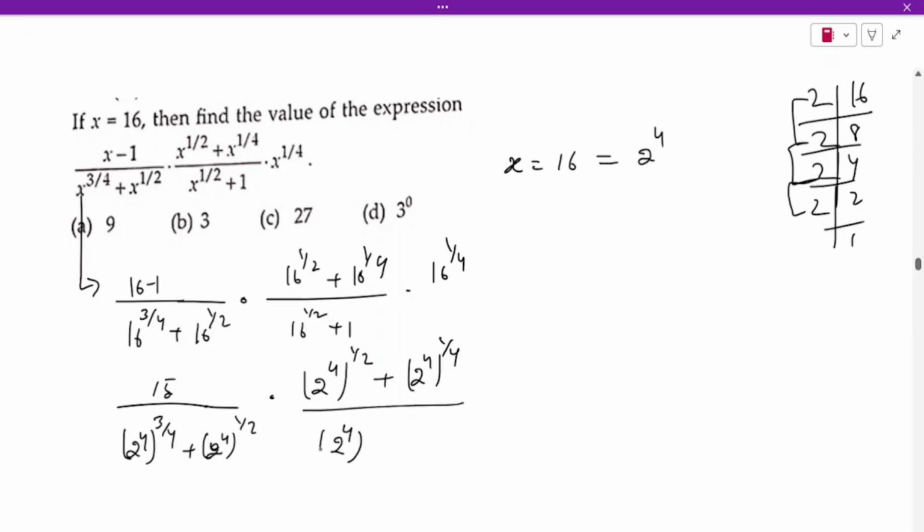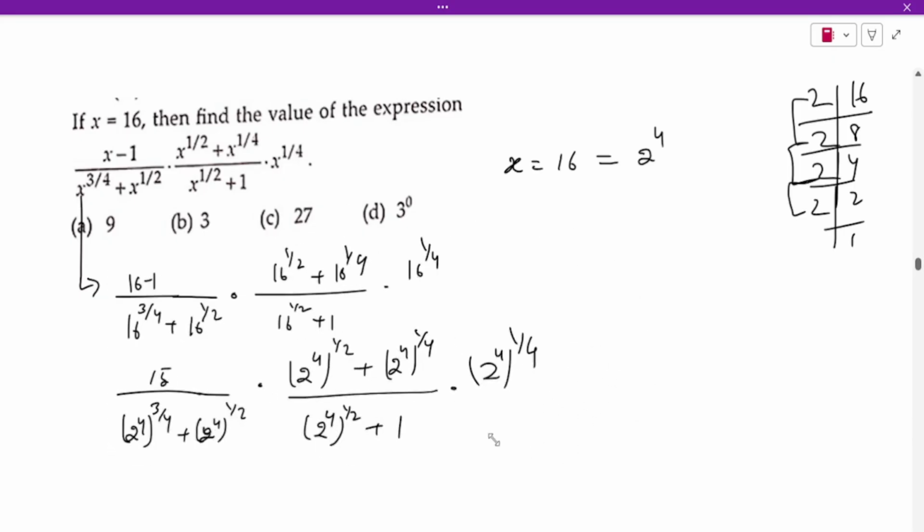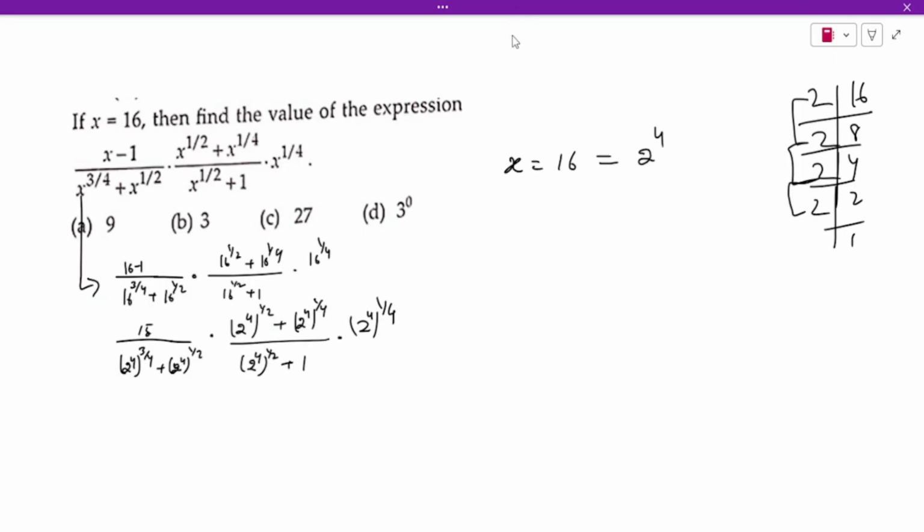Same way, this is 2 raised to the power 4 to the power of 1 by 2 plus 1 times 2 to the power 4 whole power 1 by 4. Now if we see here, this is in the power, so this 4 and 3 by 4 are going to be multiplied. So upon simplification of this, we are going to get 15 over 2 to the power of 4 times 3 by 4 plus 2 to the power 4 times 1 by 2, right?